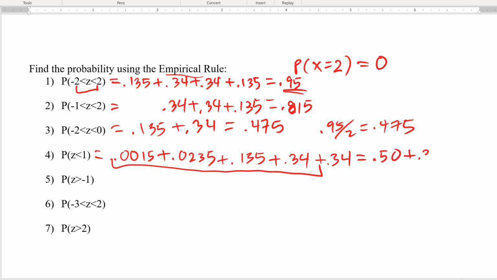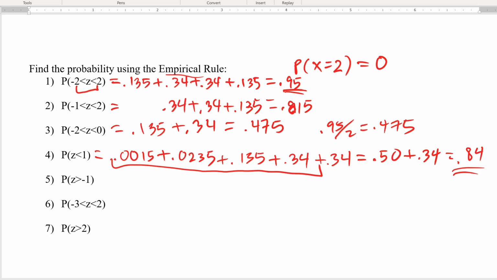And so all I need to do is add that one little piece there. I would just take everything to the left of 0 and go, well, that's half of the diagram. That's 50%, plus 0.34 is 0.84. Either way, if you add up all the pieces, or you say 0.50 plus 0.34, either way you get 0.84.